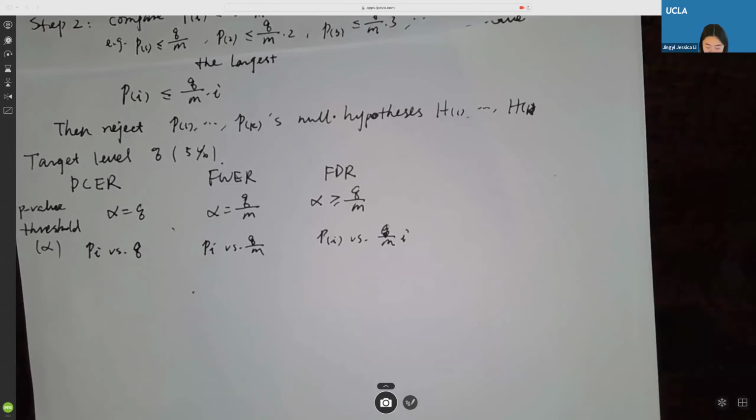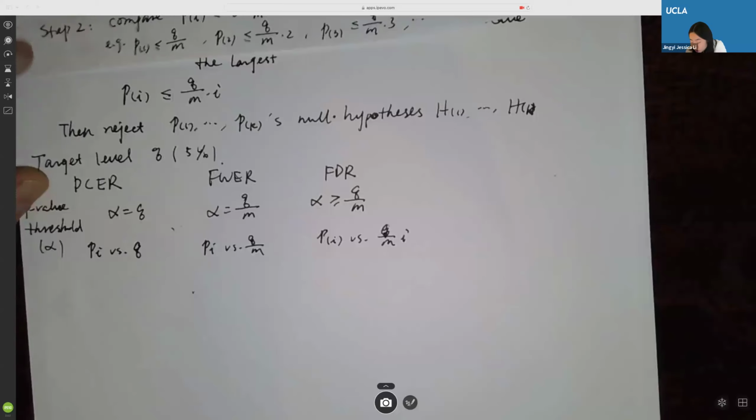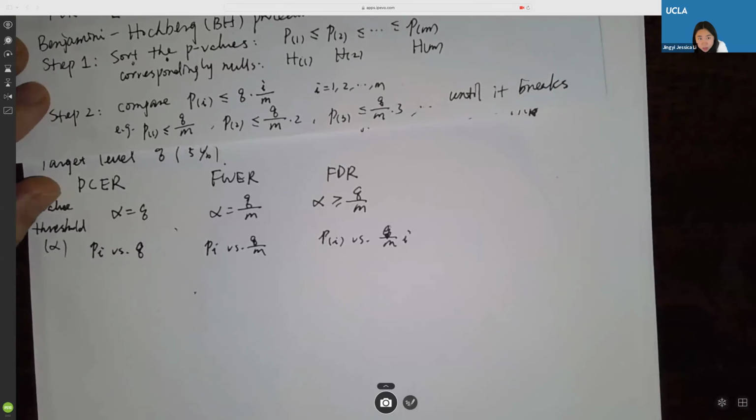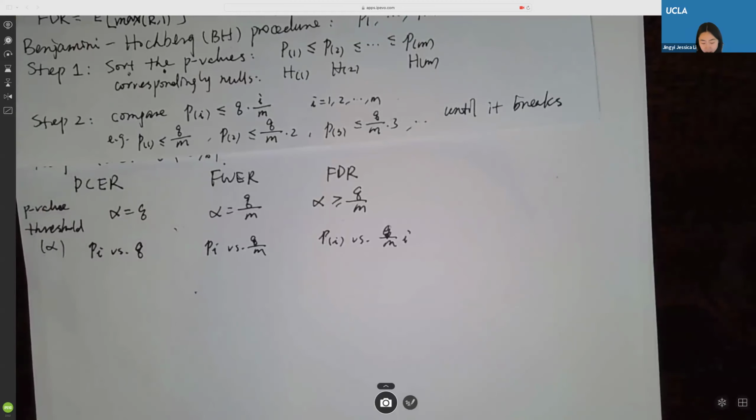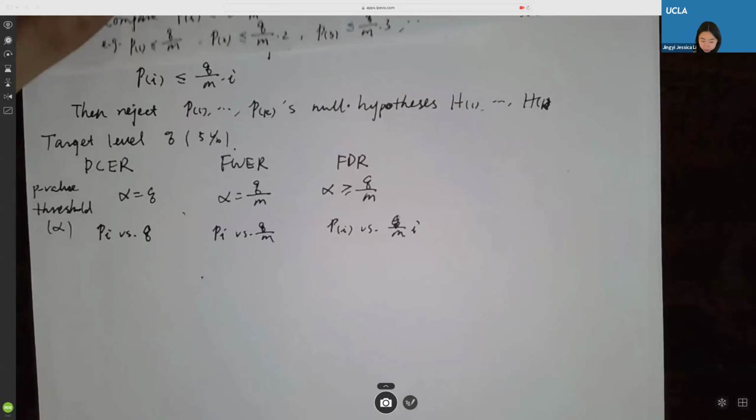Okay, so why does this BH procedure work, right? Why does this two-step thing, sort p-values and then do the sequential comparison with this increasing threshold, give us FDR control? A very, how to say, not rigorous proof, a very short but intuitive proof of the BH procedure for FDR control can be seen in the following way.